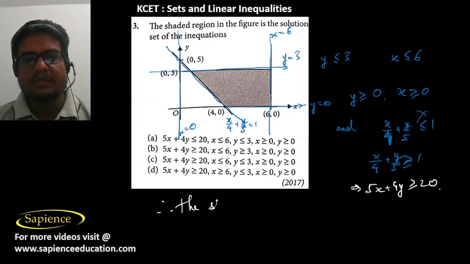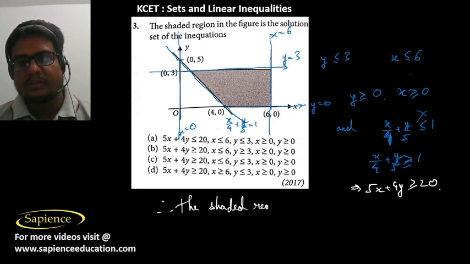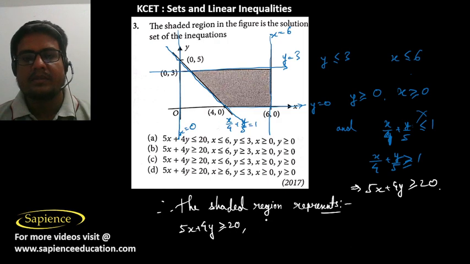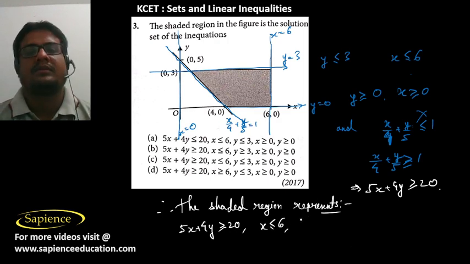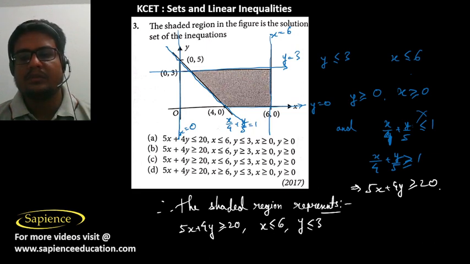Therefore the shaded region represents the set of inequations, which are: one is 5x plus 4y greater than or equal to 20, and then x is less than or equal to 6, y is less than or equal to 3, then x is greater than or equal to 0, and y is also greater than or equal to 0.